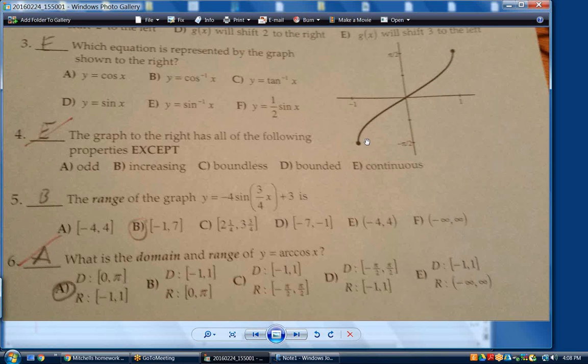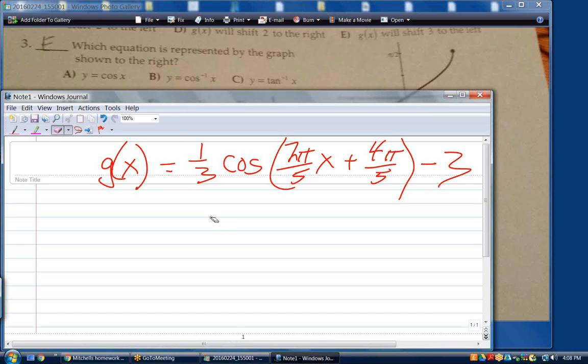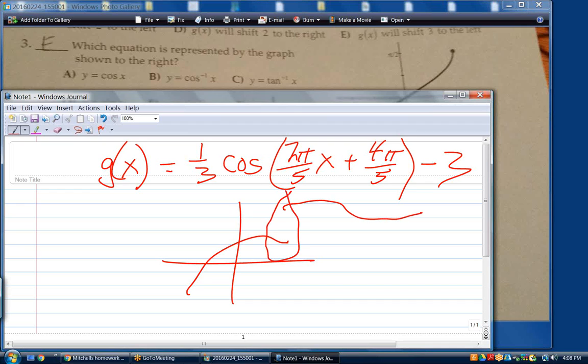No, continuous merely means, in other words, if I have a function like this, that's not continuous. I had to lift up my pencil to do that part right there. If there's a hole in it, it's not continuous, because I got to lift up my pencil to get by that hole. I cannot draw that function without lifting up my pencil.